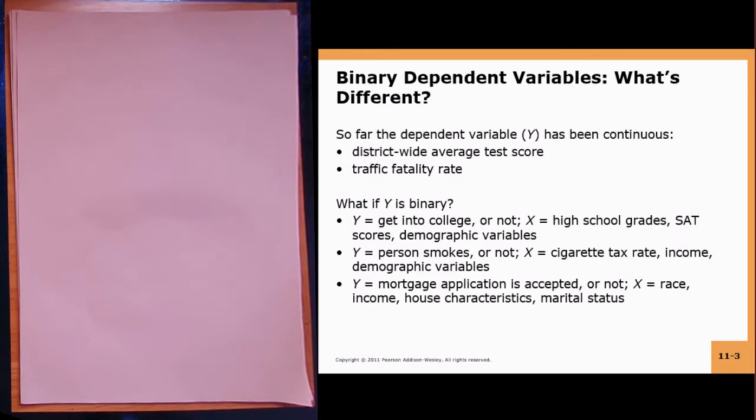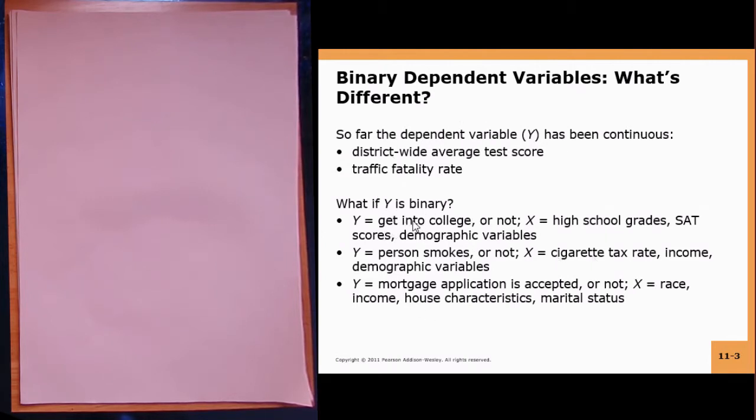We looked at how class sizes may affect the performance of students, or when we looked at traffic fatality rates and beer taxes. In both of these cases, the dependent variable, that is the y variable, was continuous. So it could take any of a large number of values, and we modeled it as such. But what if y is binary?